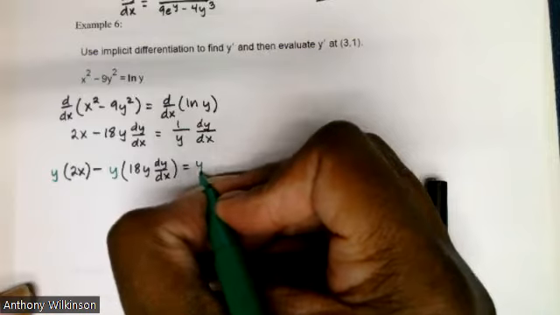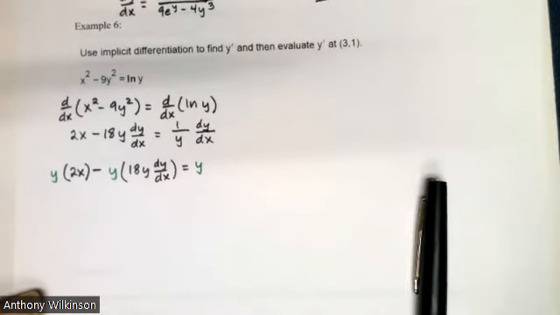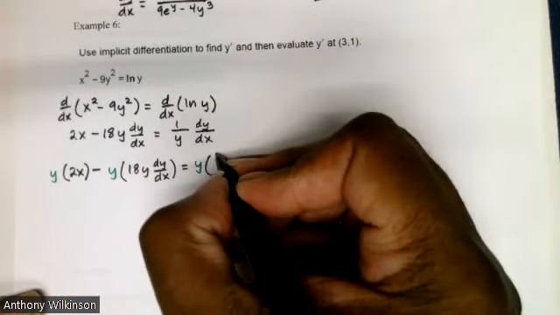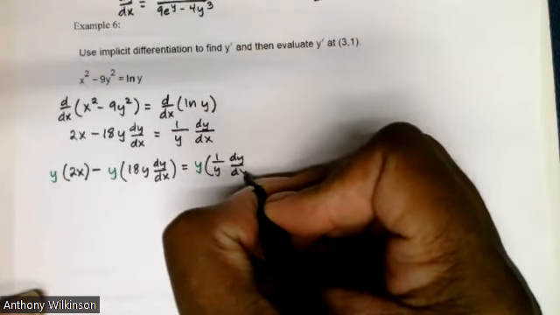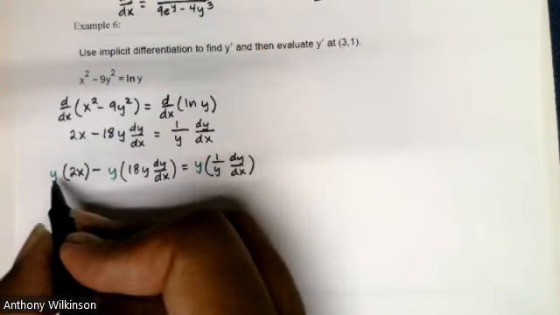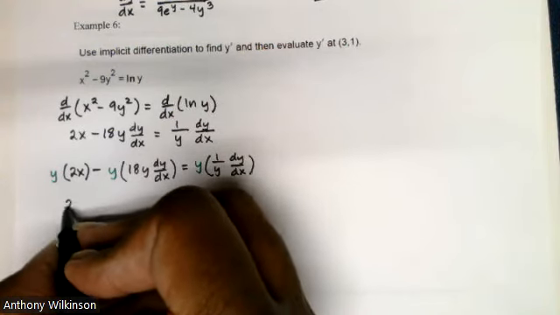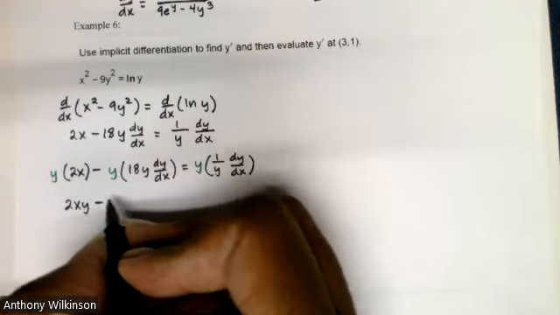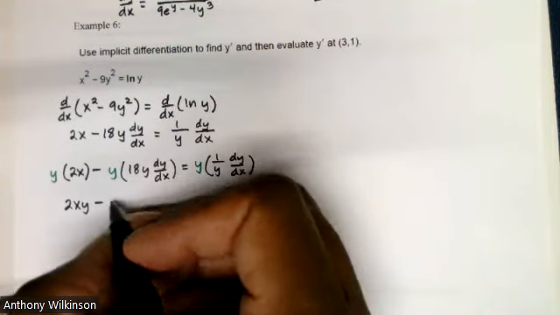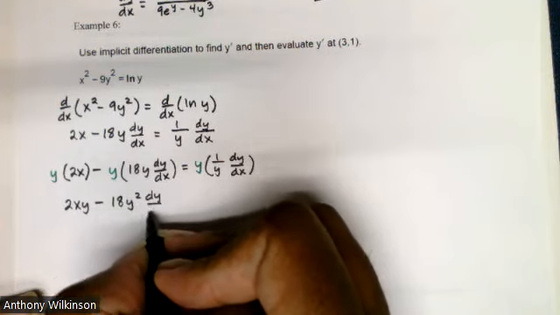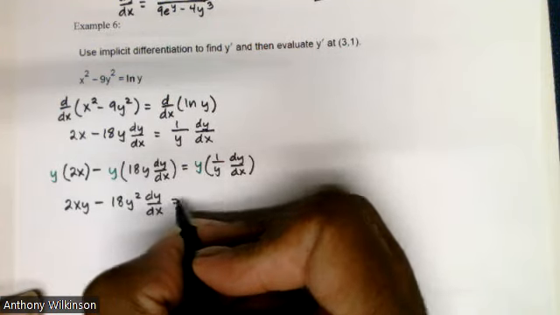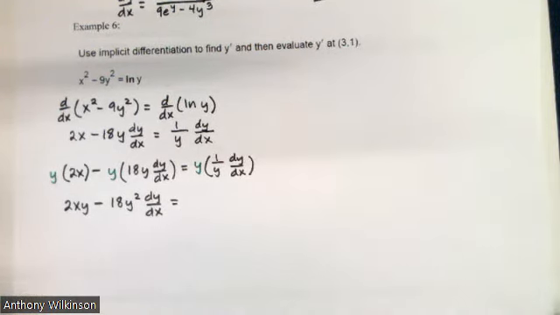And then I'll have y times this right here, 1 over y dy dx. You're going to see y. If I multiply y times the 2x, I have 2xy minus 18y times the y will be 18y squared, and then dy dx equals y times 1 over y.